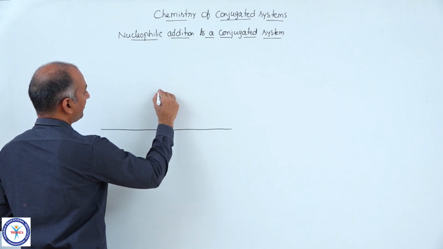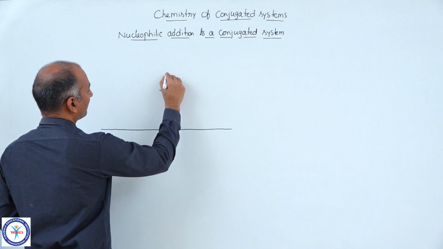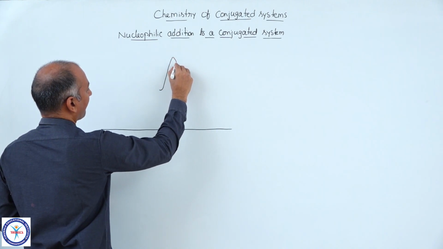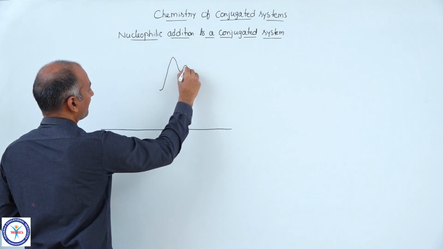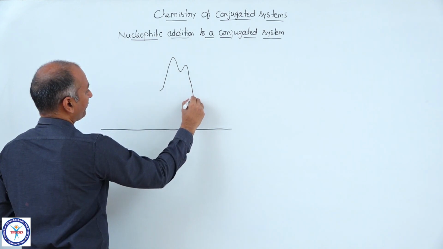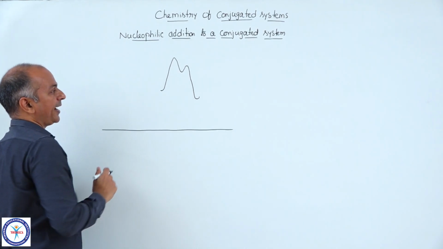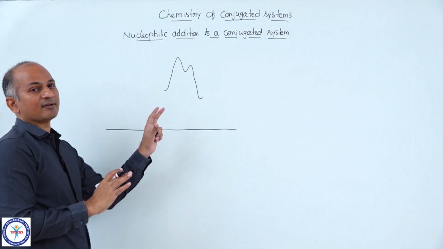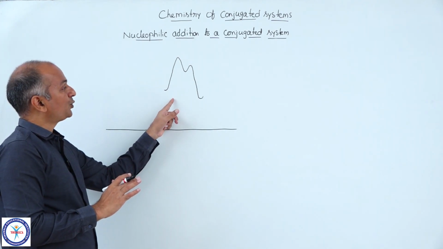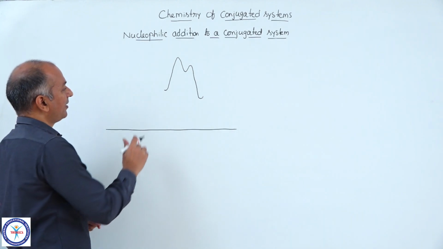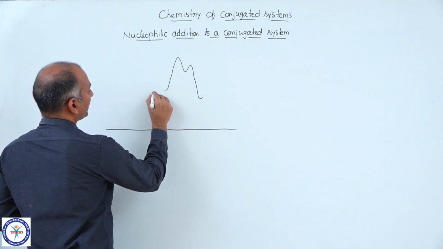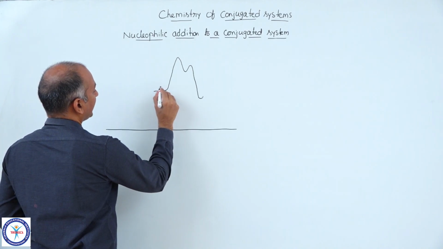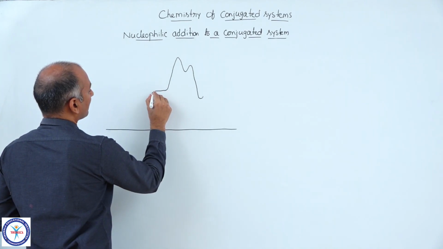This is the starting compound, and this is the end product. This is one path, and that path is for the 1,2 addition path.